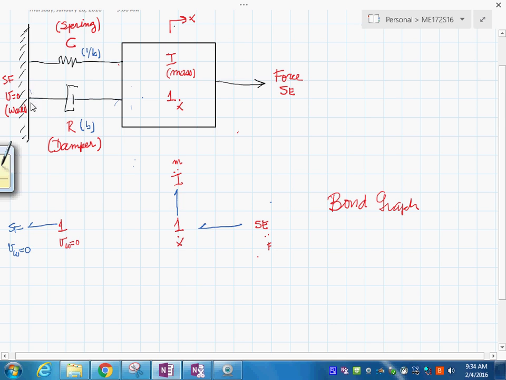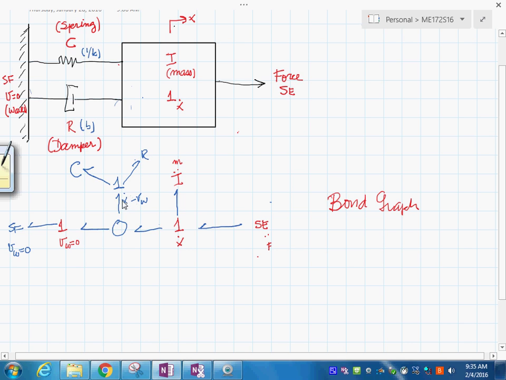Here we're going to use the zero junction to make the difference between x dot and the wall velocity, and that difference is going to be a one junction that we represented as x dot minus velocity of the wall. That difference is seen by the C element, which is there, and also by the R element, which is here.